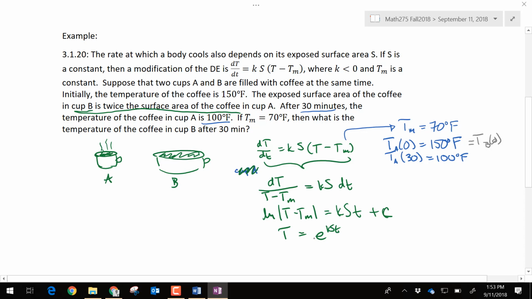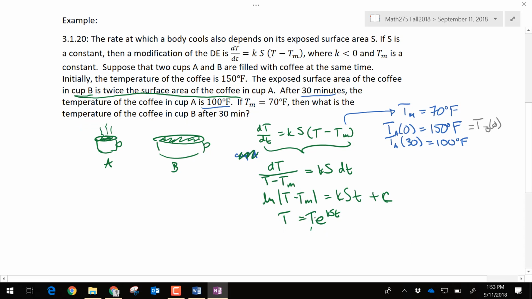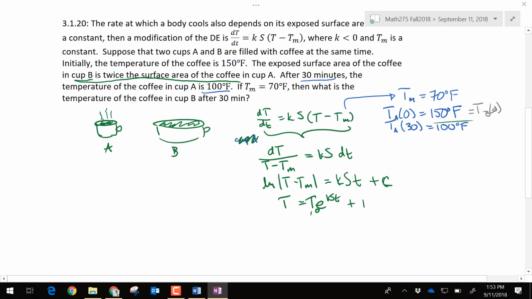We can call that T sub 0, which is 150 degrees. And then this Tm, after we took the E to both sides, we have to bring that back over to the other side. So that should be your temperature function, generally.